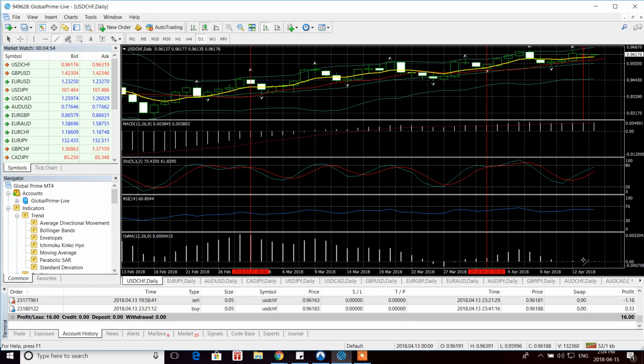This OSMA, an oscillating moving average, has to be going in the direction. So if this is going in a buy direction, it's going up, then this has to be showing positive. But look here, the OSMA shows it's negative. So it's actually going down on that.